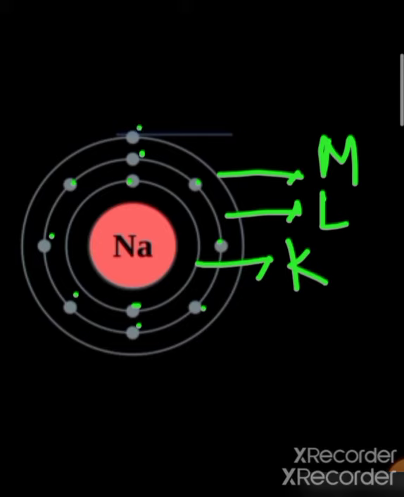If its M shell donates 1 electron, then its L shell contains 8 electrons. This is known as the octet rule, which means each atom wants to complete 8 electrons in its valence shell. This is valency, but what is actual valency? The tendency of combining is known as the valency of that atom.